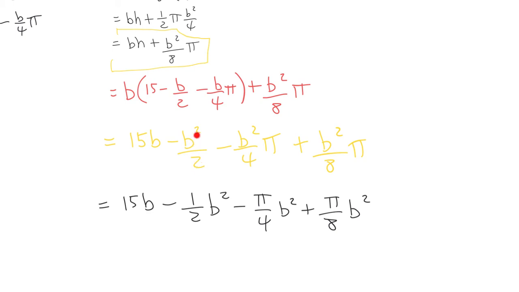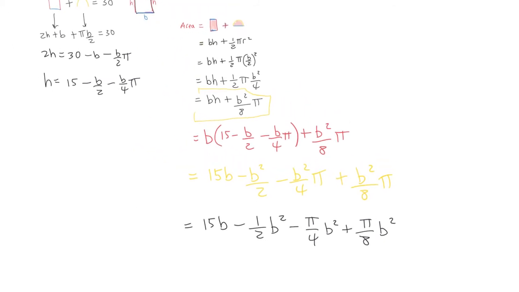So this is b squared over 2, but it's really negative 1/2 b squared. The pi could go on top in the numerator, so it's really minus pi over 4 b squared. I think it's helpful to always have the variable on the right before you do the derivative, otherwise it's going to be confusing. Okay, so at this point, I'm ready to do the derivative.